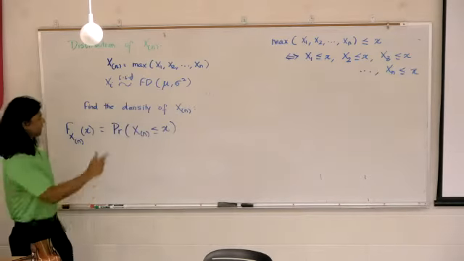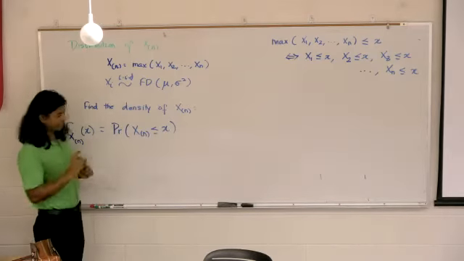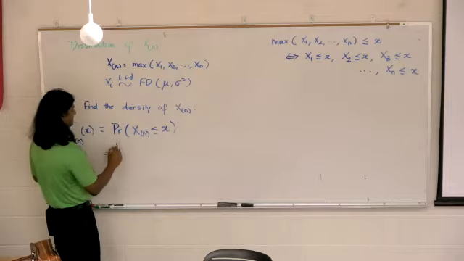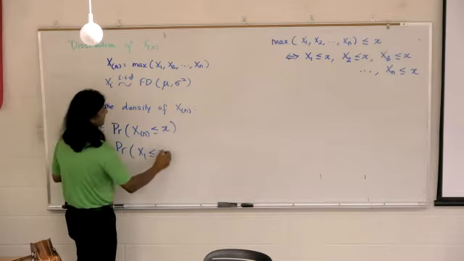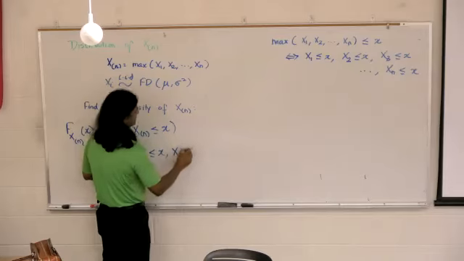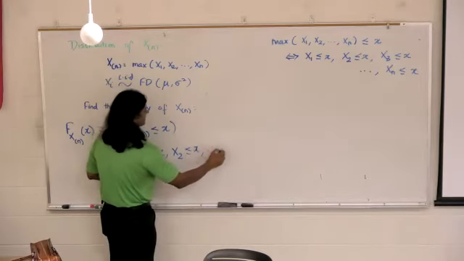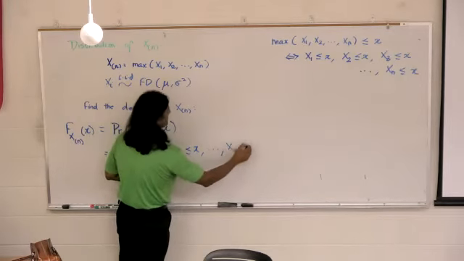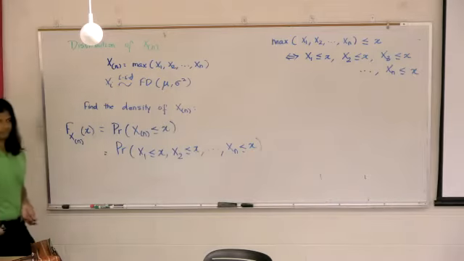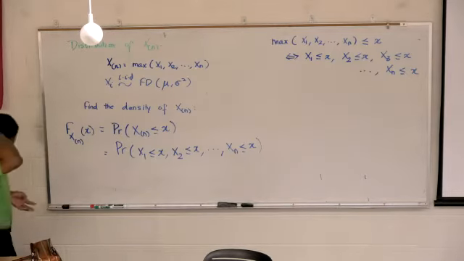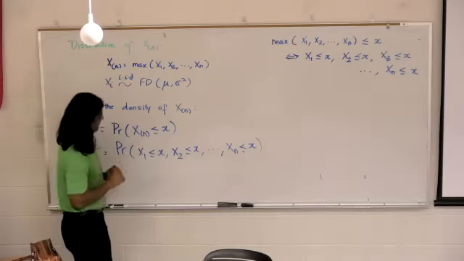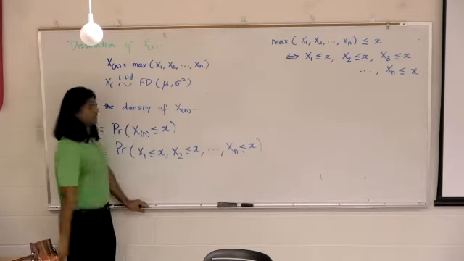So this statement is equivalent to this statement: the probability that X1 is less than or equal to x, X2 less than or equal to x, dot dot dot, Xn less than or equal to x. Now, that is a joint CDF.